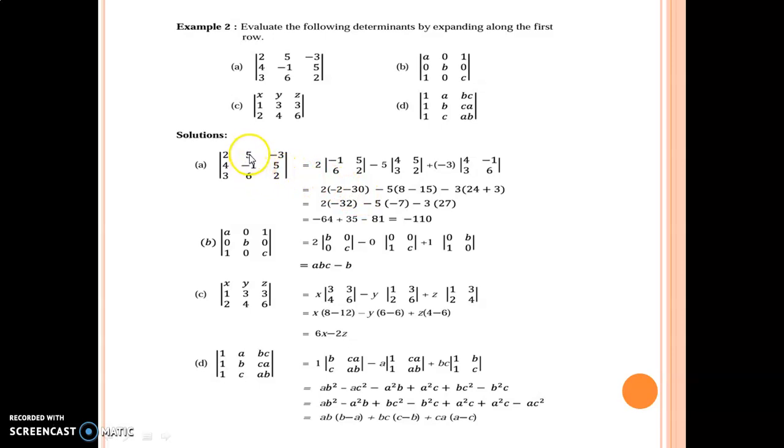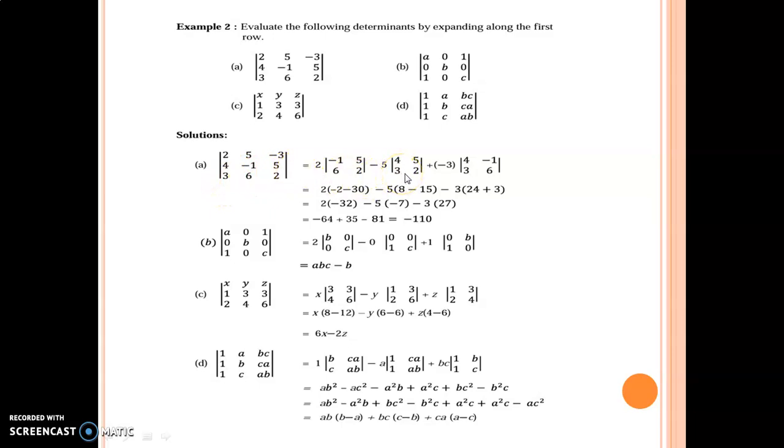Similarly, for the second entry, we have 5 over here, which is the A12 entry. We'll put a minus sign before it. Then 5 into the determinant of the remaining entries, that is leaving the first row and the second column. We are left with 4, 5, 3 and 2.